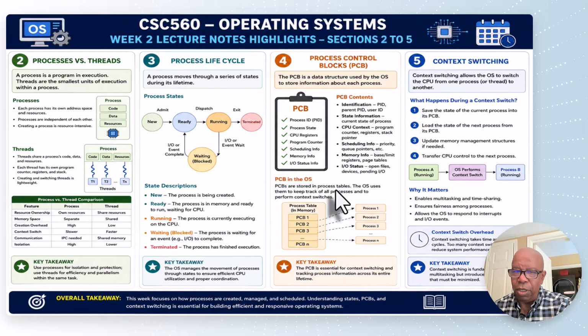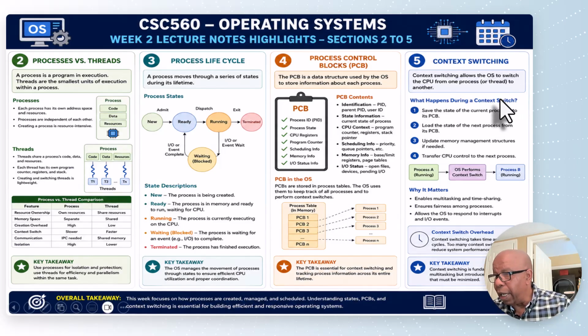The CPU says, okay, I'm going to switch to now operating on another process. So I save the state of the current process in the process control block, load the state of the next process, update the memory management structure if needed, and transfer the CPU control to the next process.